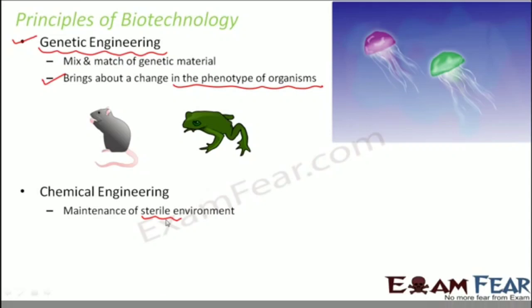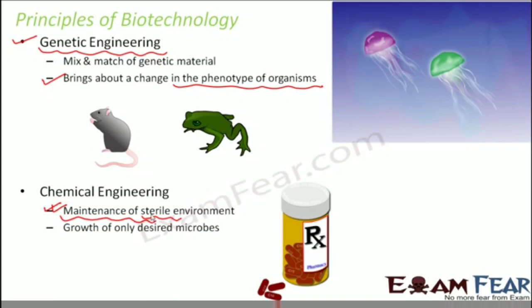You need to provide a sterile environment for all the chemical reactions to take place peacefully so that you are able to get the desired product. So maintenance of a sterile environment is the next important principle of biotechnology, so that you can ensure that only desired microbes are grown and not the unwanted ones.